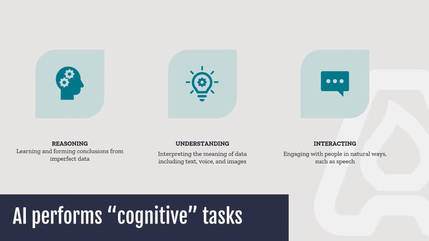And then taking the reasoning and understanding capabilities and actually providing a more natural interface between humans and computers so that people don't have to code. They don't have to necessarily be particularly specific, but the computer understands enough to be able to perform the correct task. It's kind of the holy grail, really, where instead of the computer doing exactly what you tell it to, it does what you wanted it to.